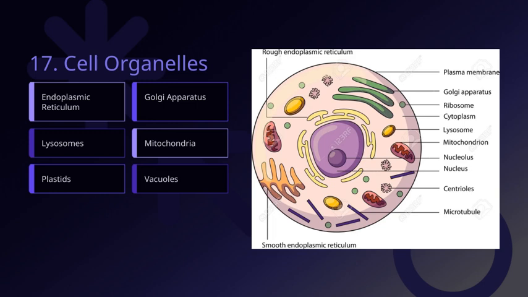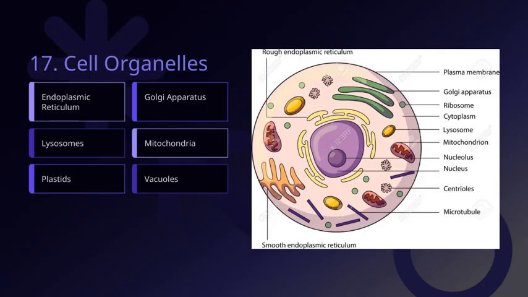Then we come to plastids, which are primarily found in plant cells. They're involved in storing pigments and nutrients, and some, like chloroplasts, are vital for photosynthesis, the process that allows plants to convert sunlight into energy. Speaking of energy, mitochondria are often called the powerhouse of the cell. They generate most of the cell's energy through respiration, powering all cellular activities. Lastly, vacuoles.